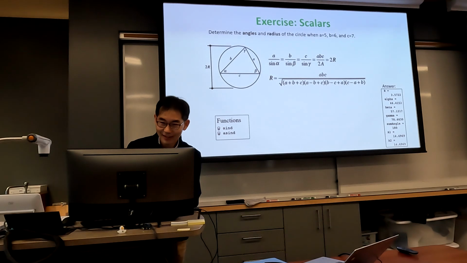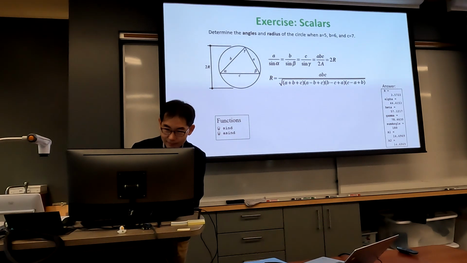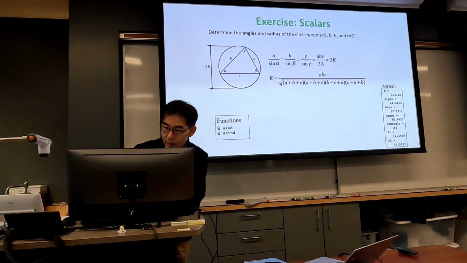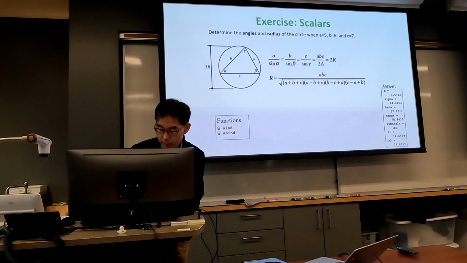Okay, so for the denominator, I write A plus B plus C, times A minus B plus C, times B minus C plus A, and then C minus A plus B. But I need to do the square root, so I call SQRT with everything in parentheses here.